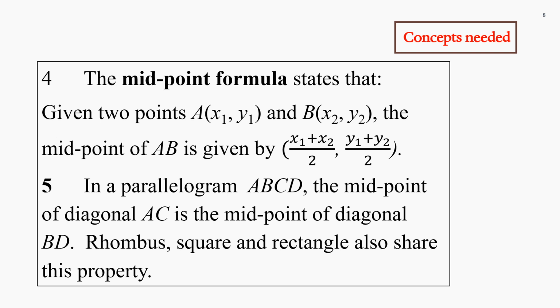This midpoint formula is very commonly used to find the fourth vertex of a special quadrilateral, such as a parallelogram, rhombus, square, and rectangle. These special quadrilaterals have the same midpoint of the diagonals. So let's see how we can actually apply this concept.